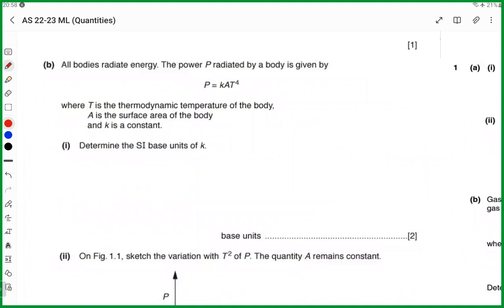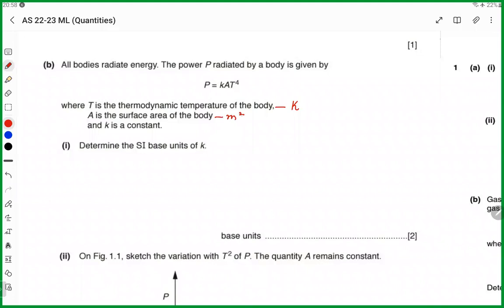Now, a body radiates energy. The power radiated by the body is given by power equals K times A times T to the power 4. T is the thermodynamic temperature of the body, so its unit will be Kelvin. A is the surface area, so its unit will be meter square.